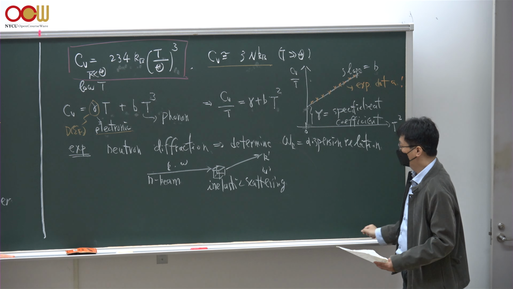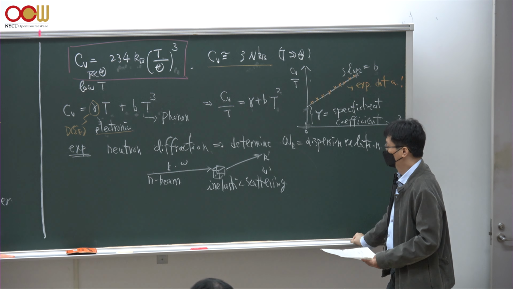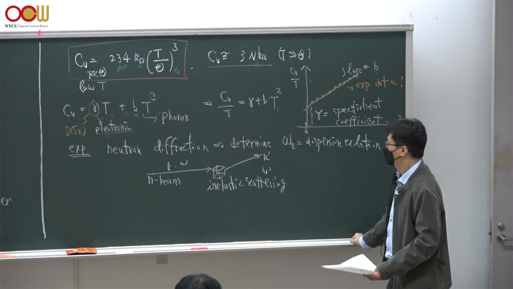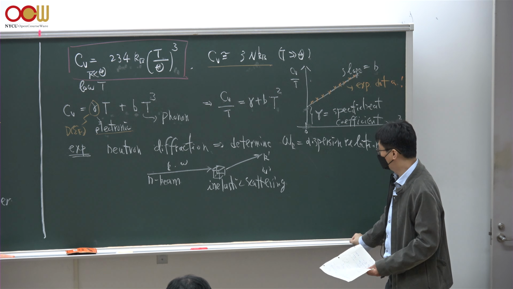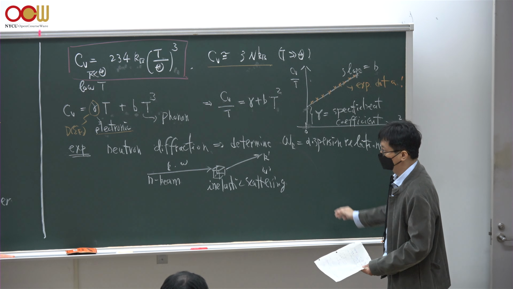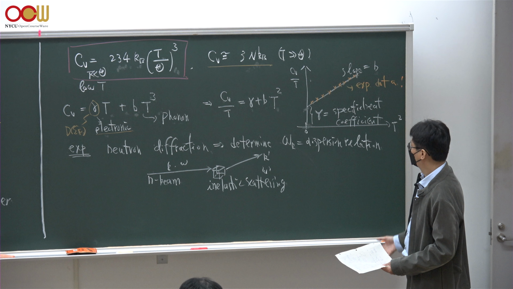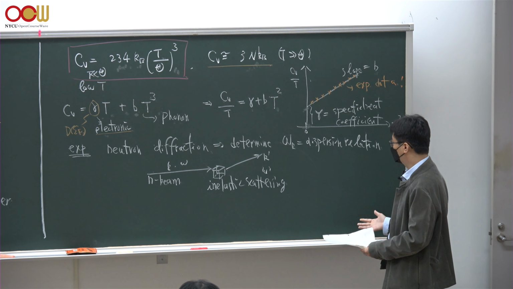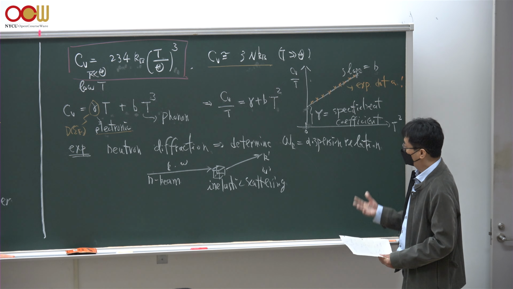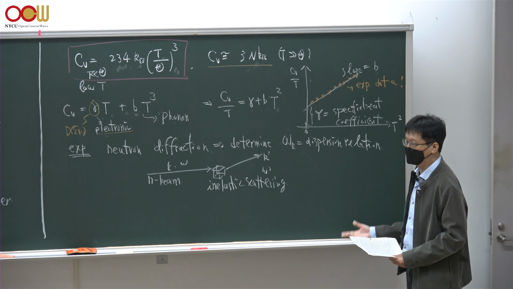So finally, let's look at this from the experimental side: how we could determine this dispersion of phonons, namely omega as a function of momentum transfer, these acoustic or optical phonon branches, and how these features are determined experimentally.